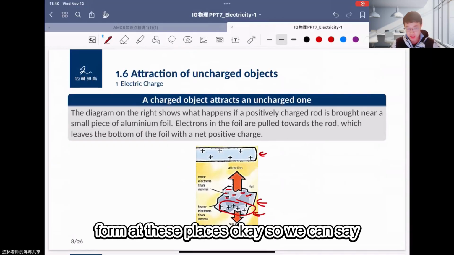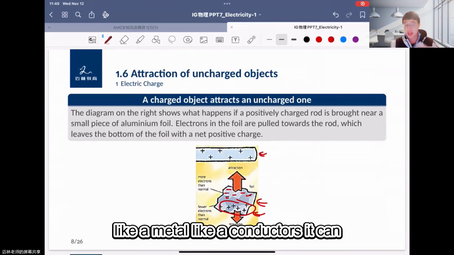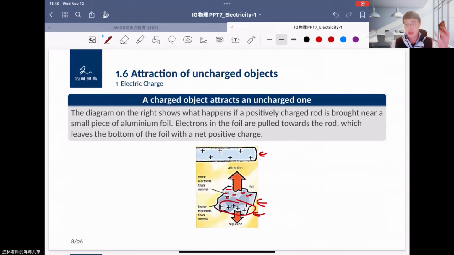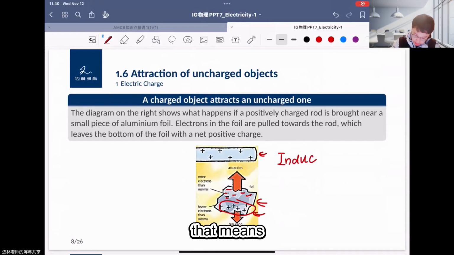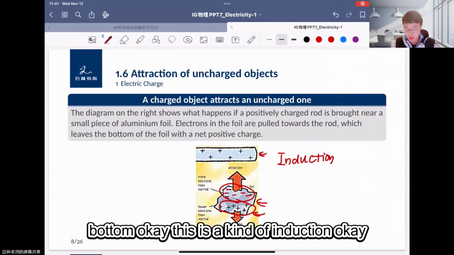So if you hang a metal, a conductor, it can conduct electricity, so the electric charge can be induced. We call this induction: some charges are induced to the top or to the bottom.